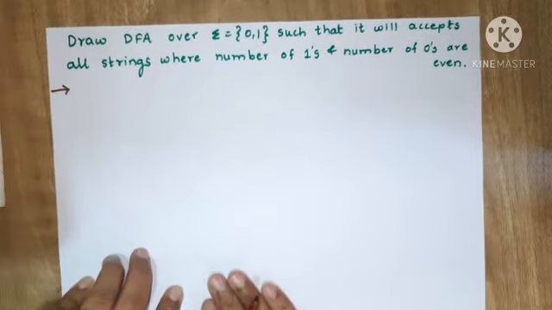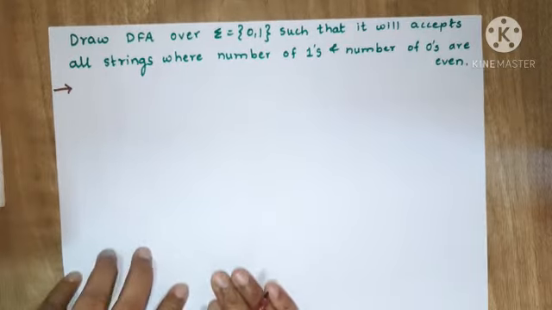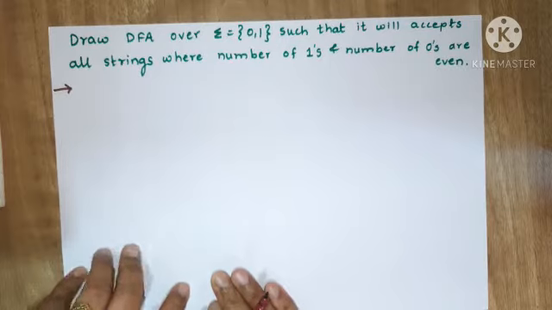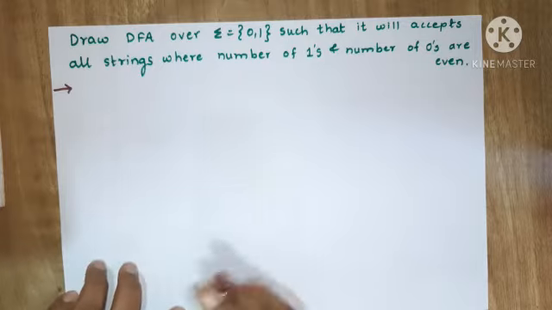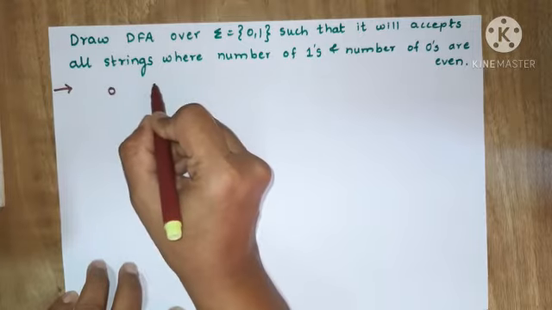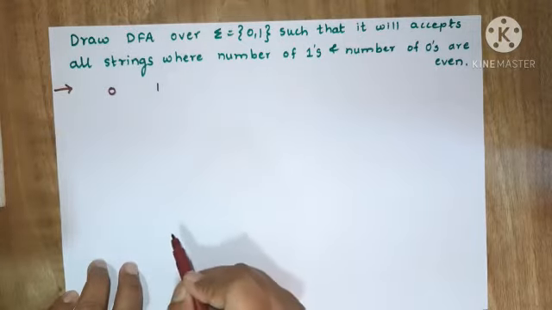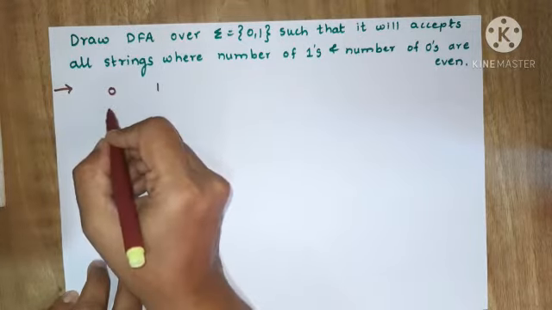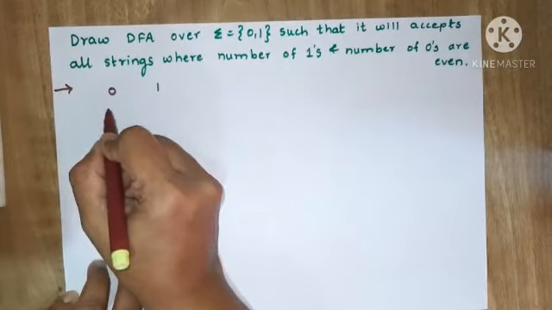First of all, we will see how many possibilities there are in your strings for the number of ones and the number of zeros. Here this is 0 and this is 1. So how many possibilities are there?